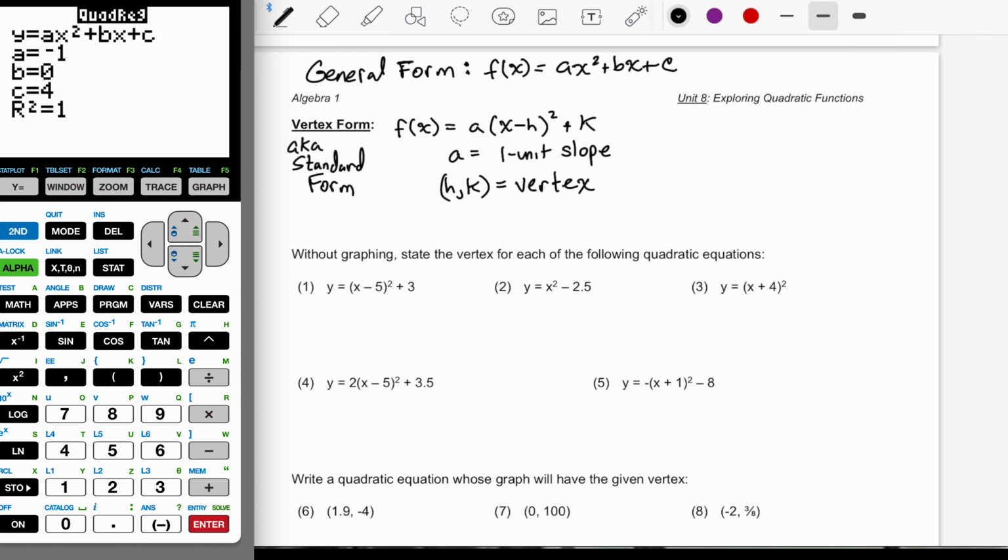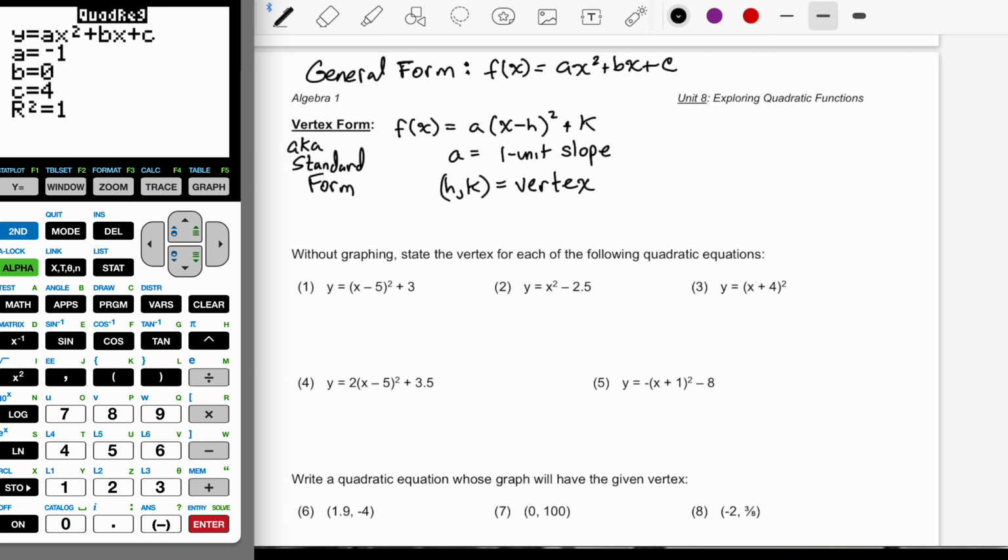We'll talk in a couple minutes about how we get an equation from general form to vertex form, but we'll get there in a sec. If you're given an equation already in vertex form, you can pull the vertex directly from that equation. And if you know the vertex, you know the axis of symmetry. So a lot of good stuff there.